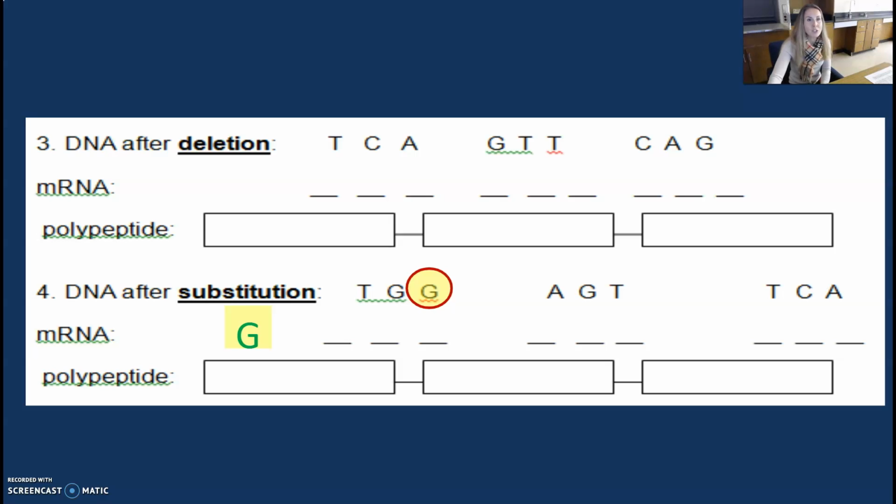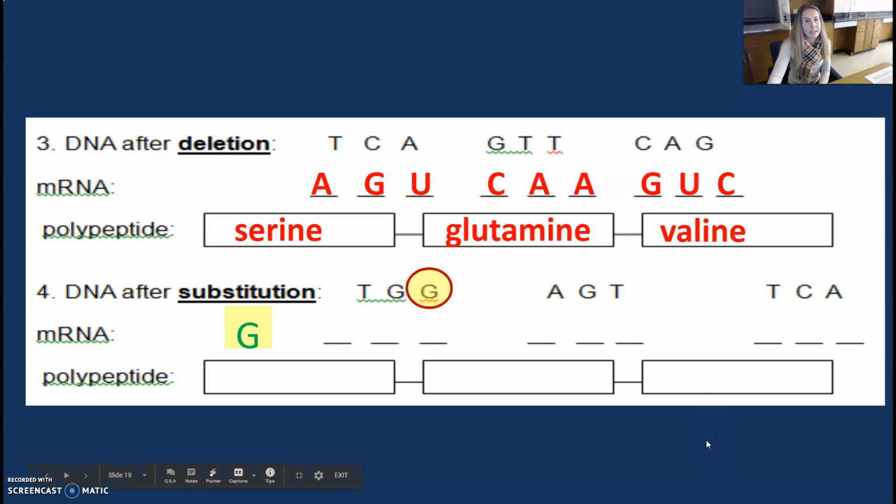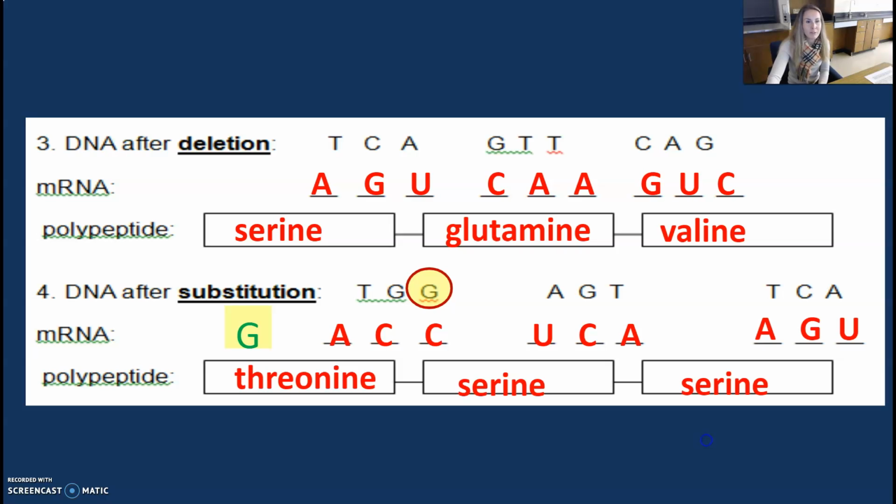DNA sequence after deletion: we're going to see the mRNA properly have the complementary bases, and the polypeptide sequence again will slightly change. DNA after substitution: from our original DNA sequence, we've substituted the G. So our amino acid sequence is going to change because of the complementary bases. Therefore, the polypeptide will change.